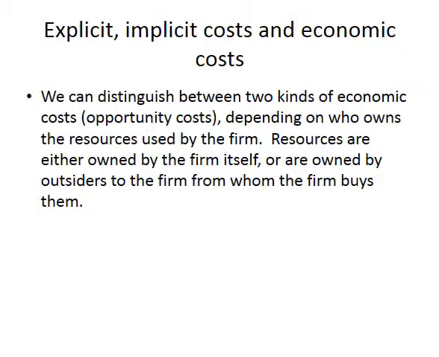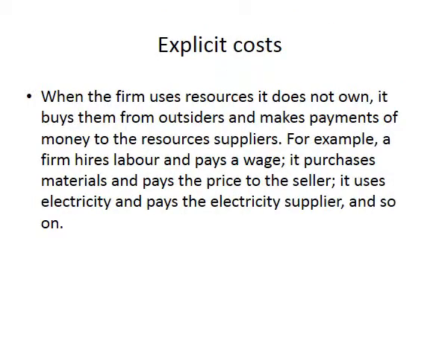Resources are either owned by the firm itself or are owned by outsiders to the firm, and then the firm, of course, has to buy these resources from an outsider. So, explicit costs. What I'd like you to think about for explicit costs is that the firm in this case does not own the resources that it's using. So in other words, for those resources, in plain English, they're going to have to pay out of pocket.